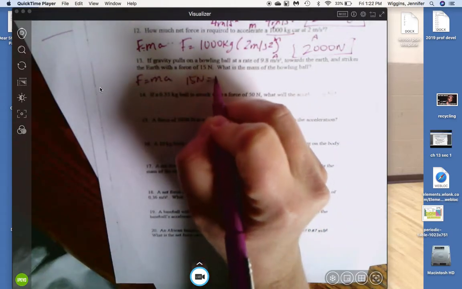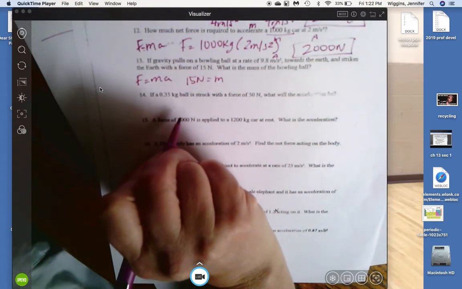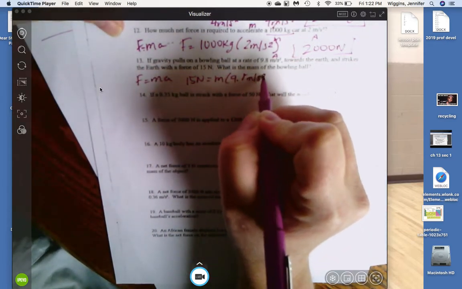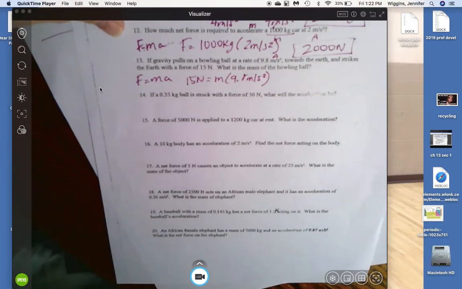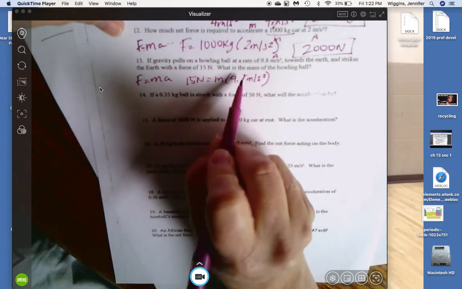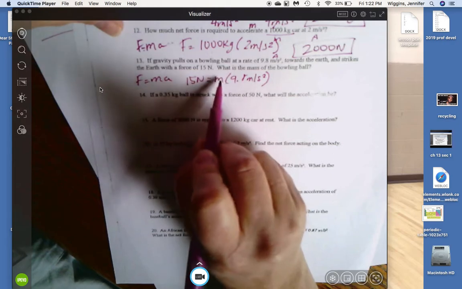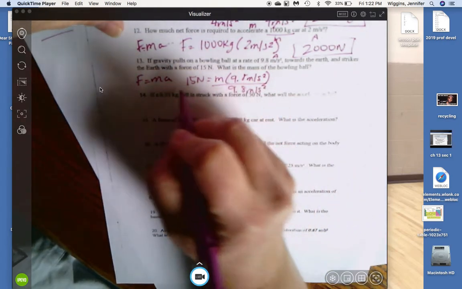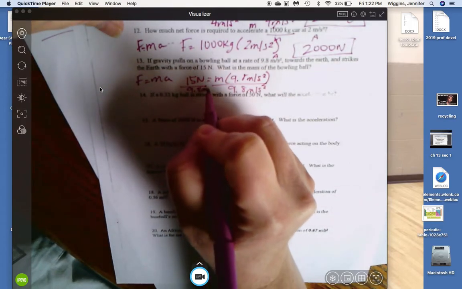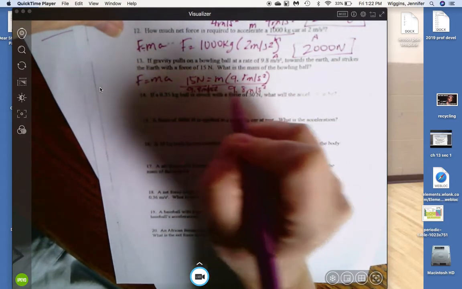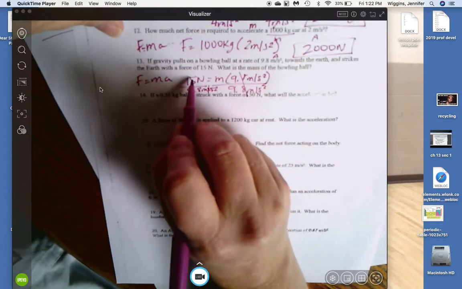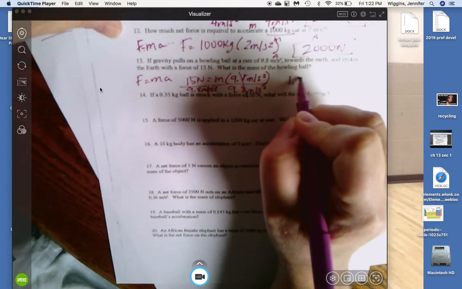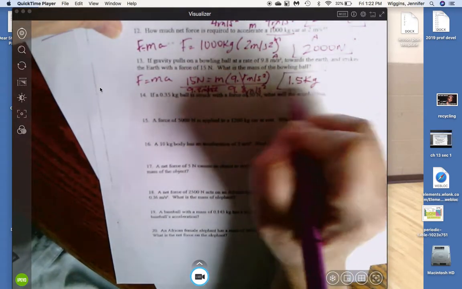My mass is what I'm looking for, and my acceleration is 9.8 meters per second squared. To solve for my m, I'm going to divide by 9.8 meters per second squared on both sides. Those cancel. So 15 divided by 9.8 gives me 1.5 kilograms.